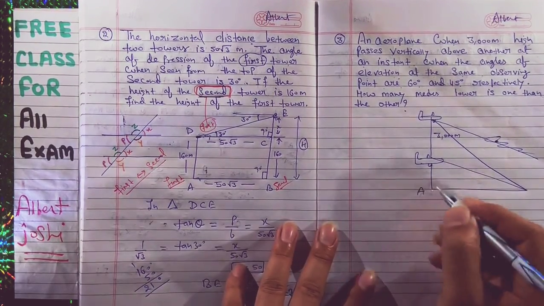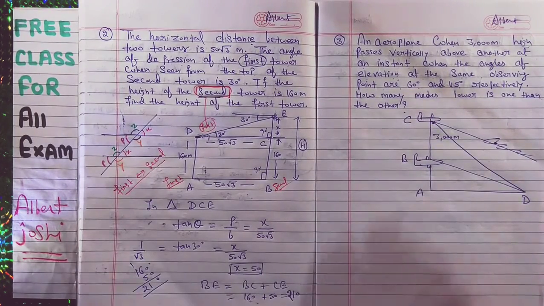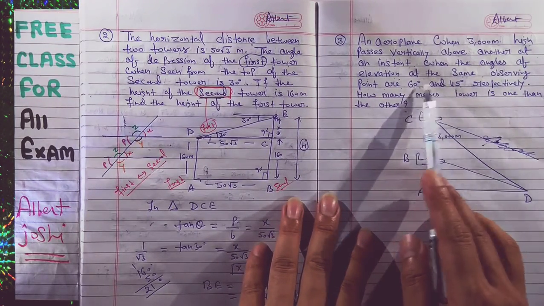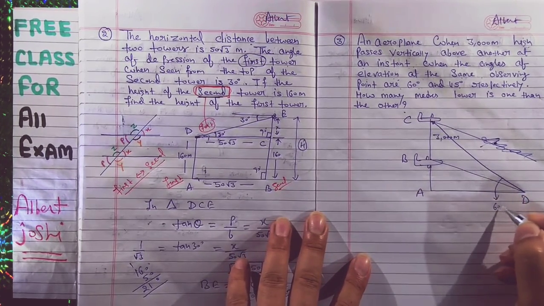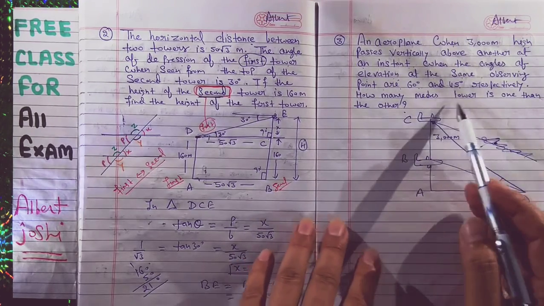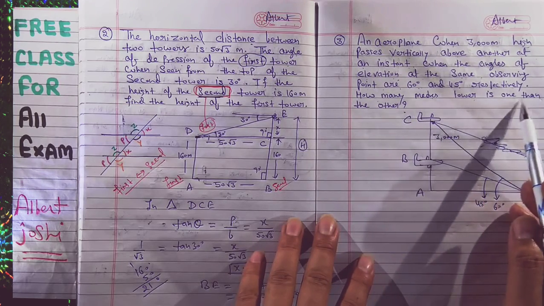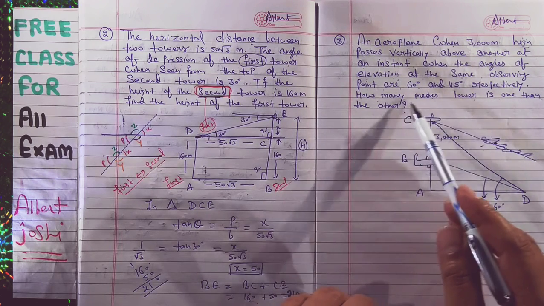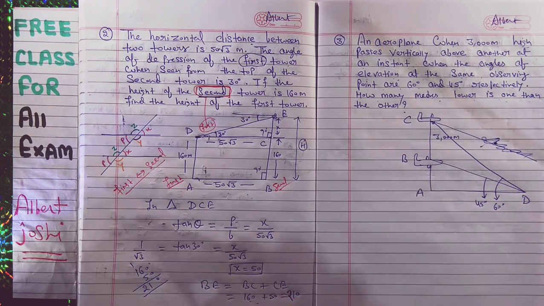So this is your A, this is your B, this is your C, and this is your D. So now your angle of elevation is 60 degree and 45 degree. So definitely it will be 60 degree and this will be 45 degree respectively. How many meters lower is one than the other? He is asking how many meters lower is one than the other. Okay.